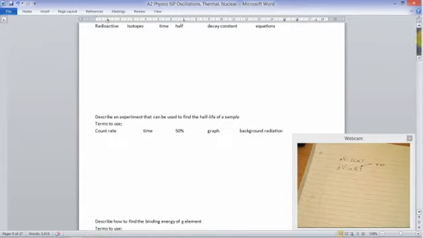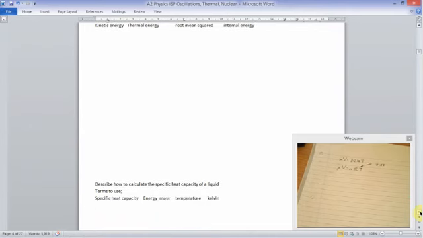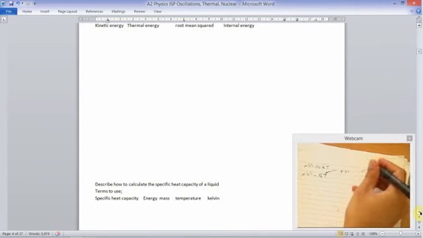Right, I think the next part of the explaining everything task was talking about specific heat capacity. Yep, there it is. So to describe how to calculate the specific heat capacity of a liquid, remember you've got to use the equation E equals mc delta theta, and the idea is that if you increase the temperature of a specific mass of a certain liquid, you can figure out how much energy has been delivered to it.